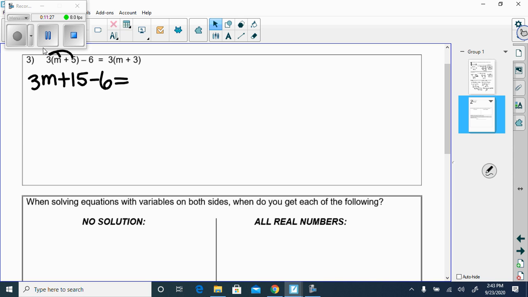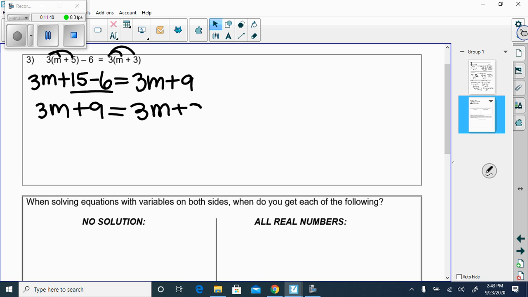I also have to distribute on the other side. Positive 9. Okay, now what do I need to do? Combine like terms. 3m plus 9. Good. Equals 3m plus 9.